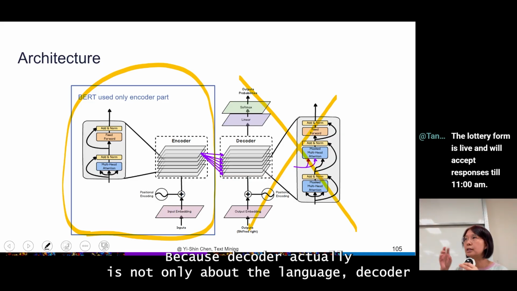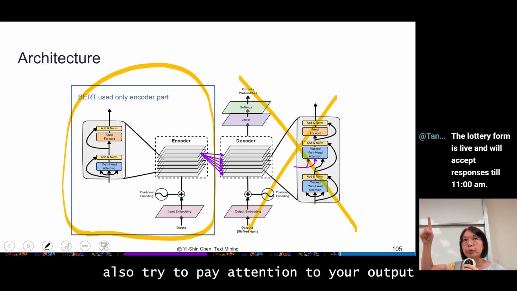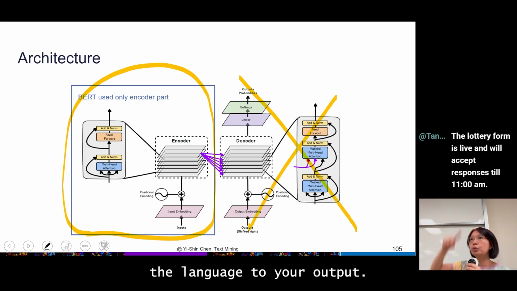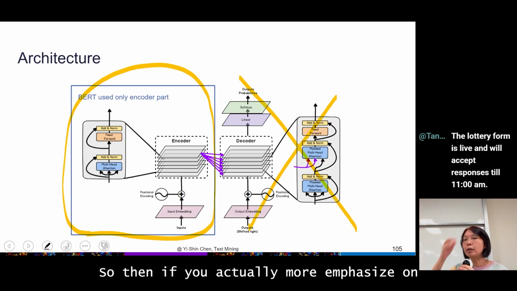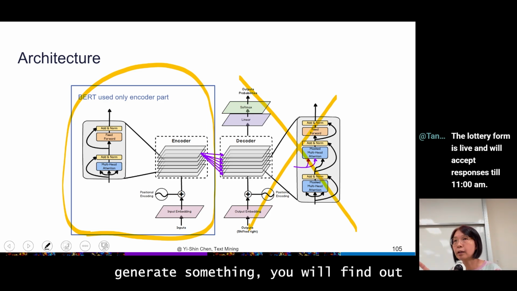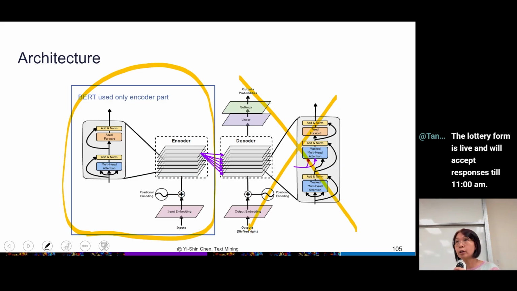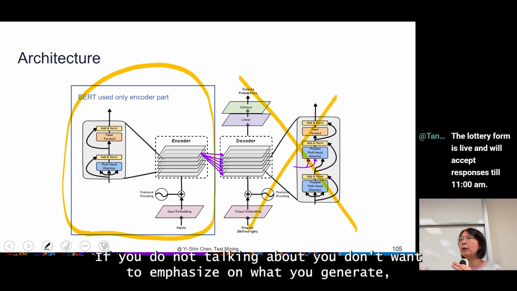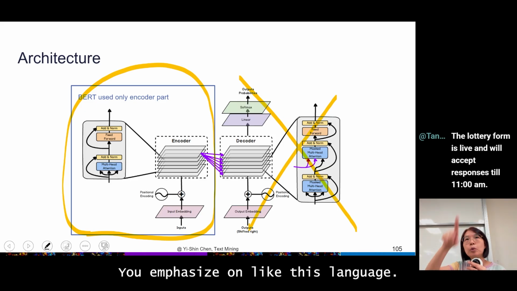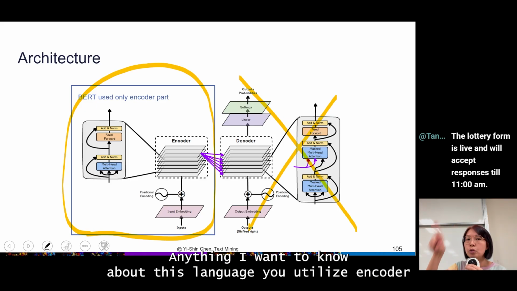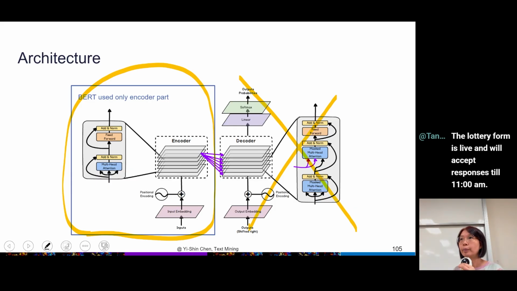Because the decoder is not only about the language. The decoder also pays attention to your output. If you put more emphasis on generating something, you will find most language models utilize the decoder. If you don't want to emphasize what you generate, you emphasize this language, anything I want to know about this language, you utilize the encoder. Okay, so far so good.